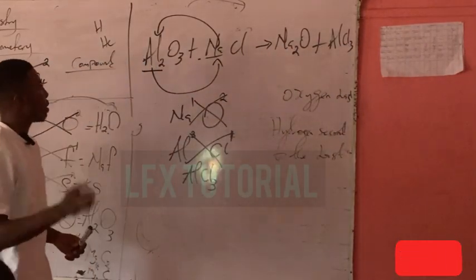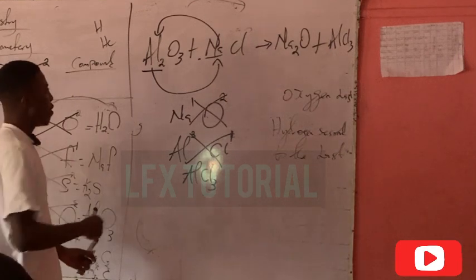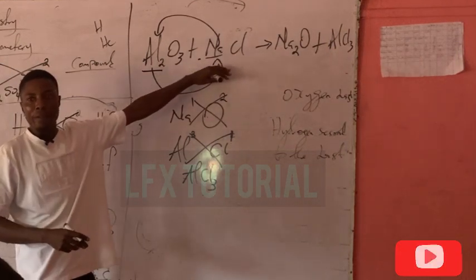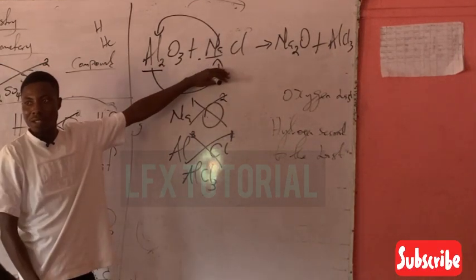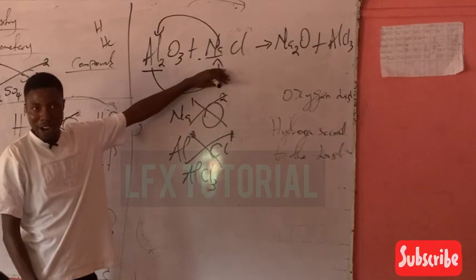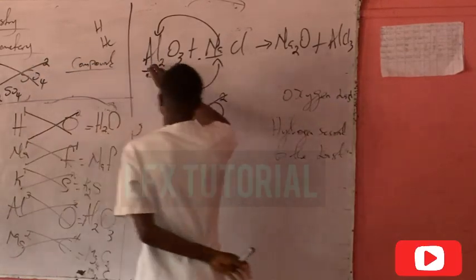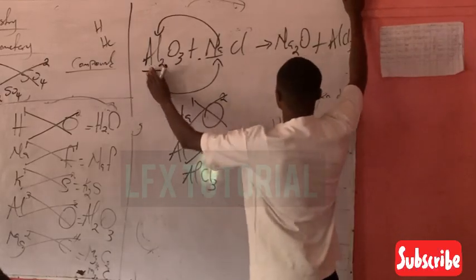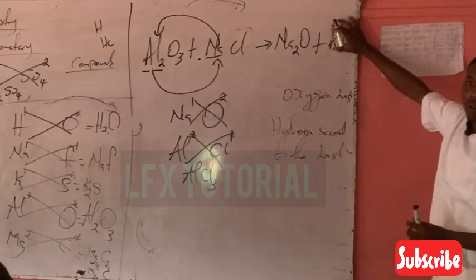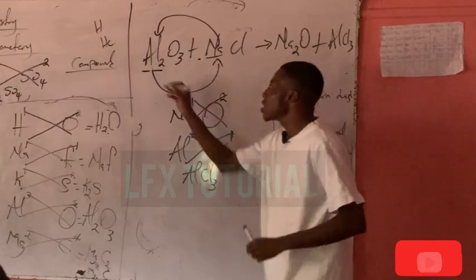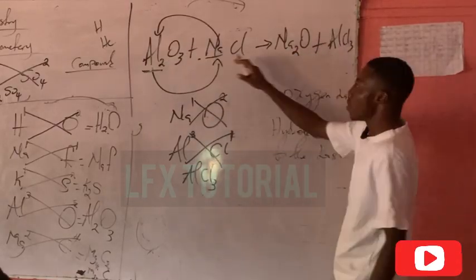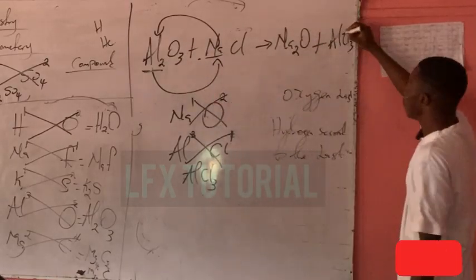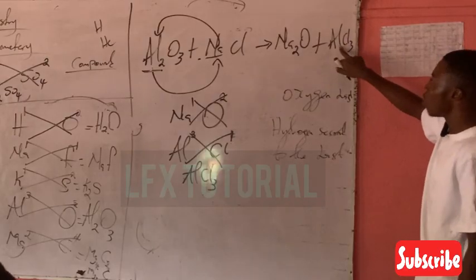So now, let's balance this, maintaining those things. Here, we don't have hydrogen, but we have oxygen, so let's maintain it. Aluminium, how many aluminium do we have in the reactant side? 2. Here, how many aluminium do we have? 1. So let's make this aluminium 2 here the same way it is here. We don't put numbers in the middle or down here.